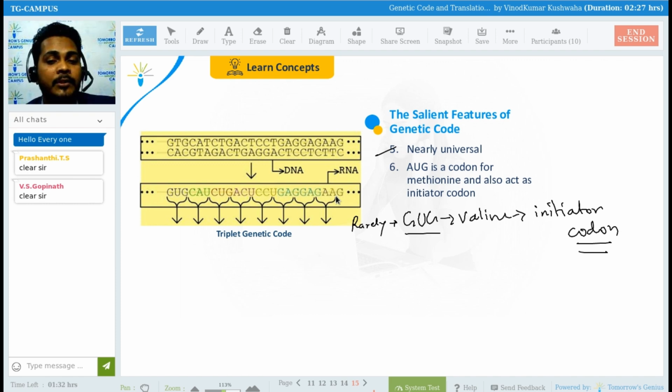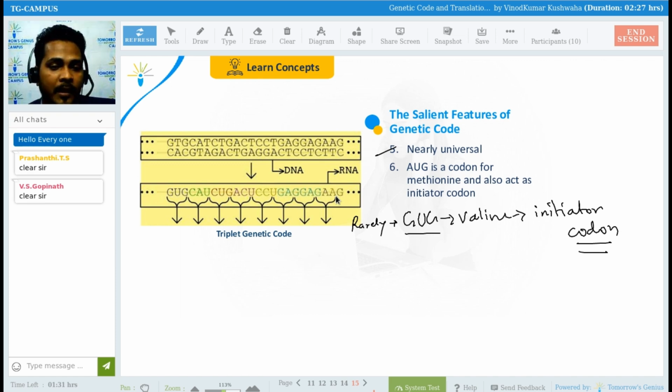What is the meaning of universal? If you are studying a virus, the virus also has the same amino acid, and that amino acid can also be referred to in plants and humans, meaning all types of organisms. If you are studying at the amino acid level, all these amino acid codes should be universal.